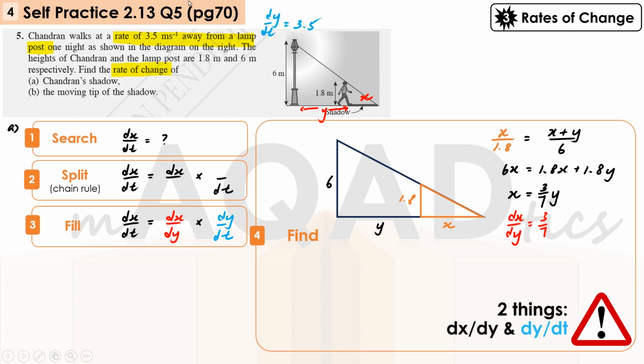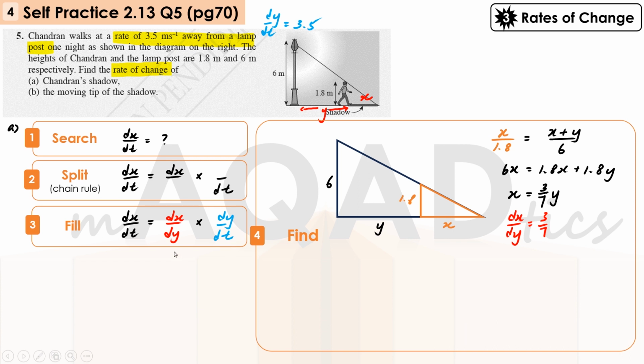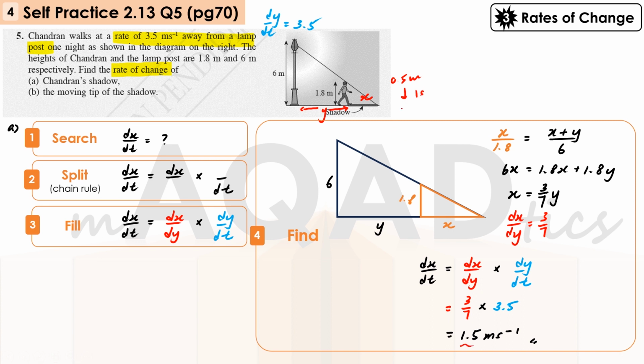So dy over dt equals 3.5. Now we have these two quantities and we can just multiply them together to find the answer, which is 1.5 meters per second. So what does this mean? Let's say the shadow just now is 0.5 meters. After 1 second, it will add 1.5, so it will become 2 meters.